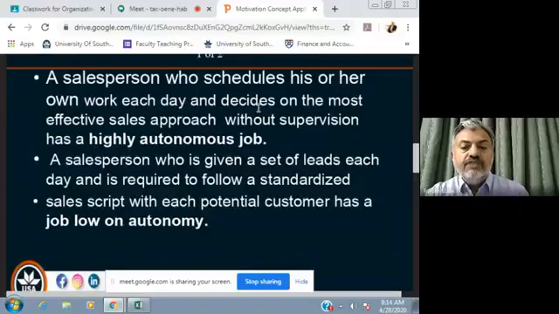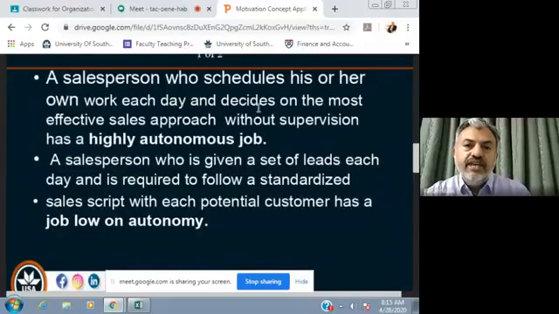So a salesperson who is given a set of leads each day and is required to follow a standardized sales script with each potential customer has low autonomy. His job is low on autonomy. Every time he picks up the phone, he or she is selling solar panels, because solar panels is what our company sells.